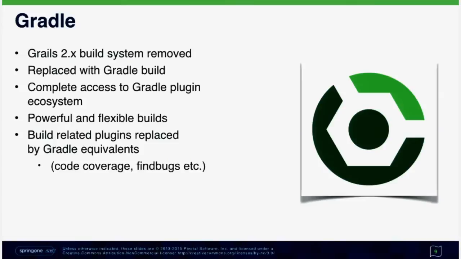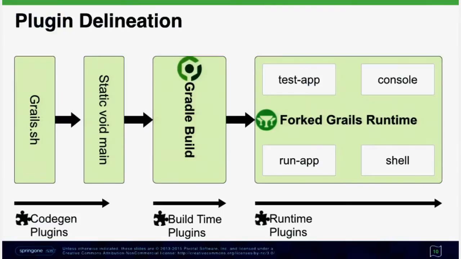So that's a good thing, because we can lean on Gradle, where really all the innovation is happening in the build space on the JVM right now. So it's powerful and flexible, and you really have a lot more choice and robustness with Gradle being behind Grails 3.